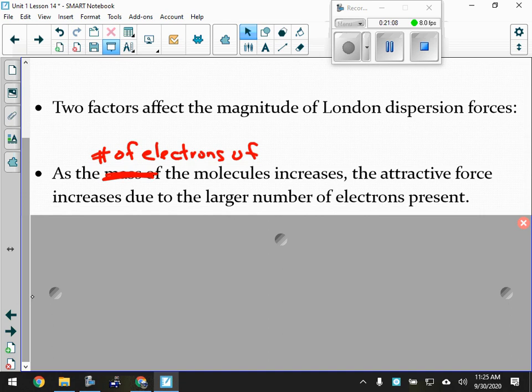That doesn't really make sense, does it? Let's put it this way. The more electrons you have, the greater the London force. Okay? The more electrons you have, the greater the London force.